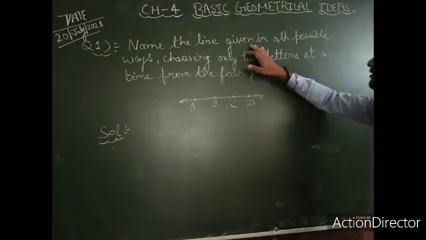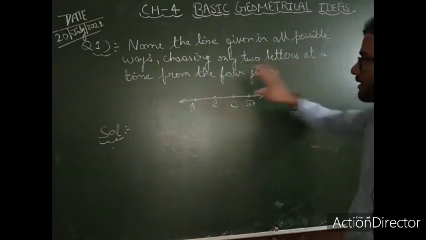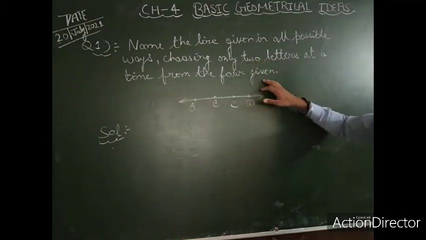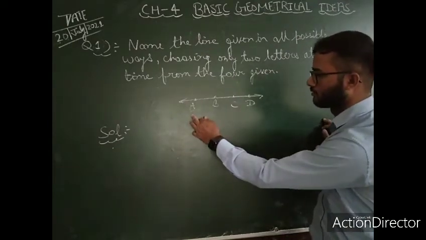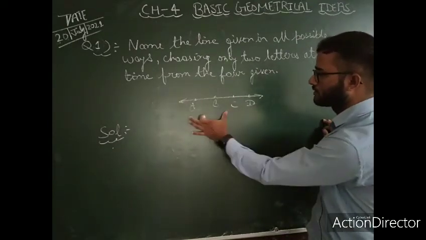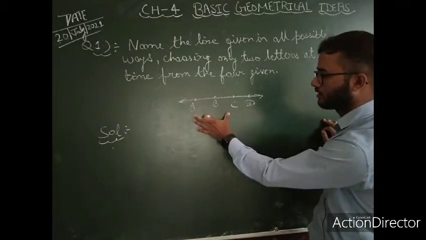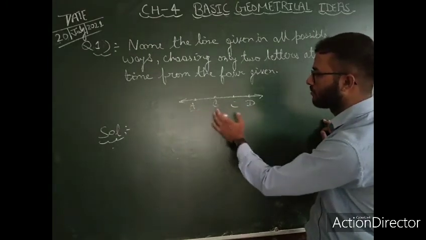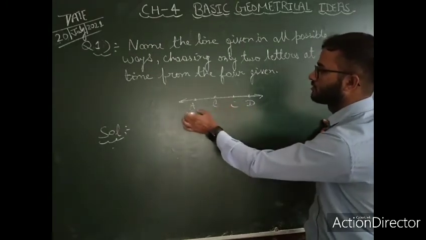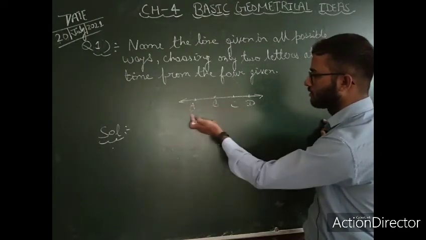Name the line given in all possible ways, choosing only two letters at a time from the four given. So here we start from A. These are the 4 points given here, point A, point B, point C and point D, and they all lie on this same line. First we write AB, AC, AD.